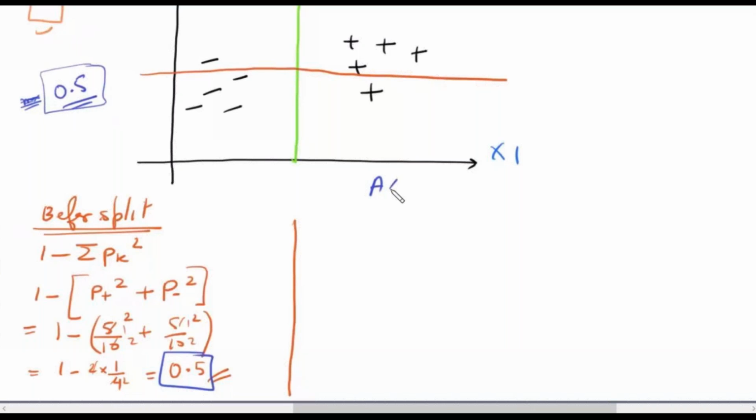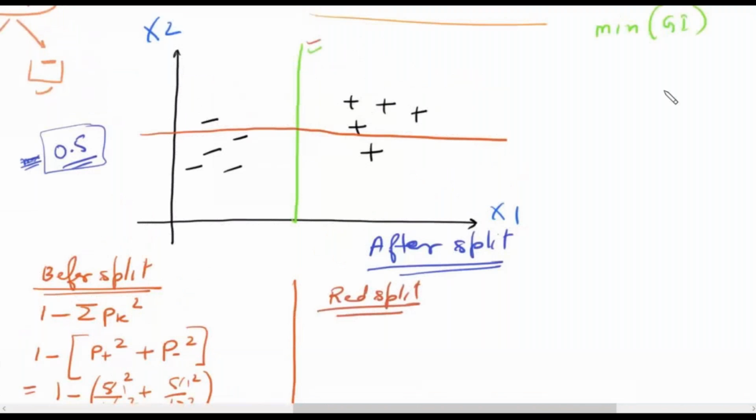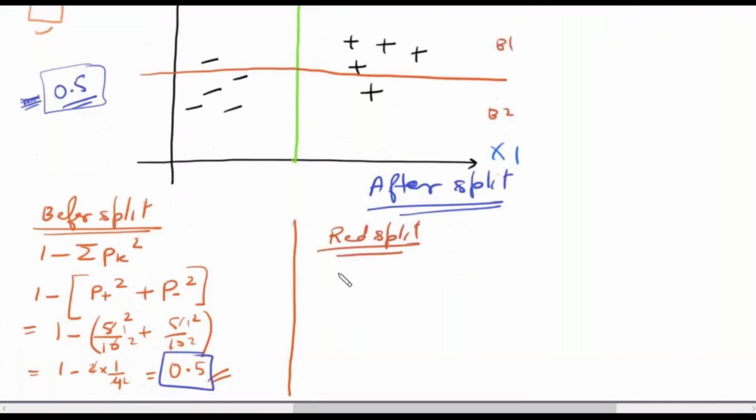Now after split, let us see which split is better. First I will calculate the Gini index for the red split. So the red split happens here. I have two buckets now. Let me call this bucket 1 and this bucket 2. First I'll calculate the Gini index for bucket 1.